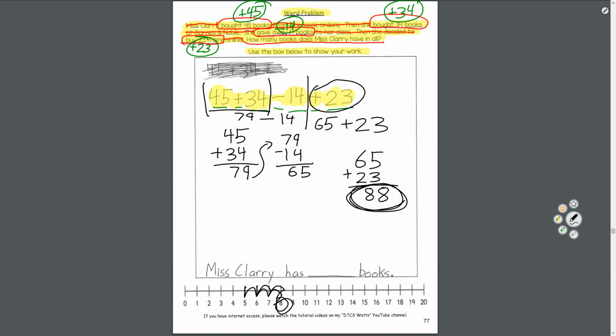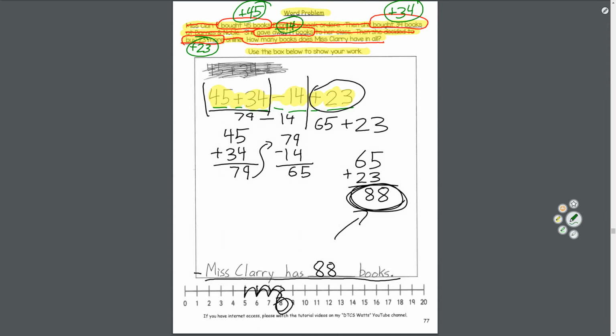And lucky you, I already wrote the sentence down here. Miss Clary has blank books. She has 88 books. 45 plus 34 equals 79. 79 take away 14 equals 65. 65 plus 23 equals 88.